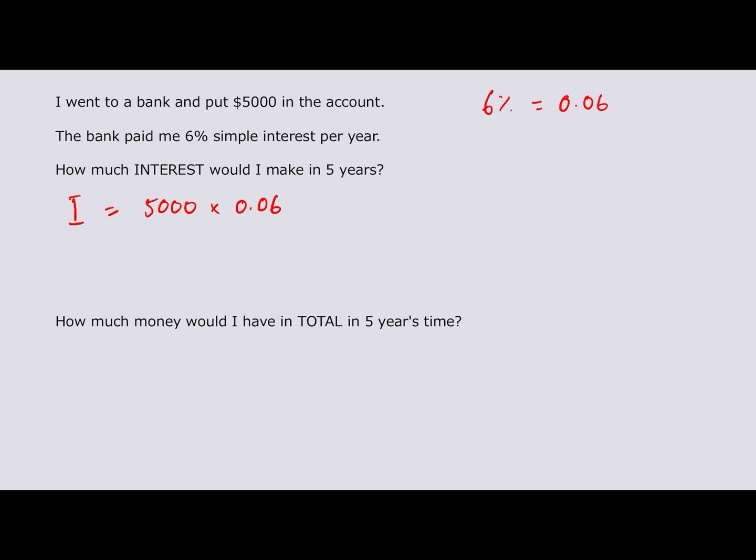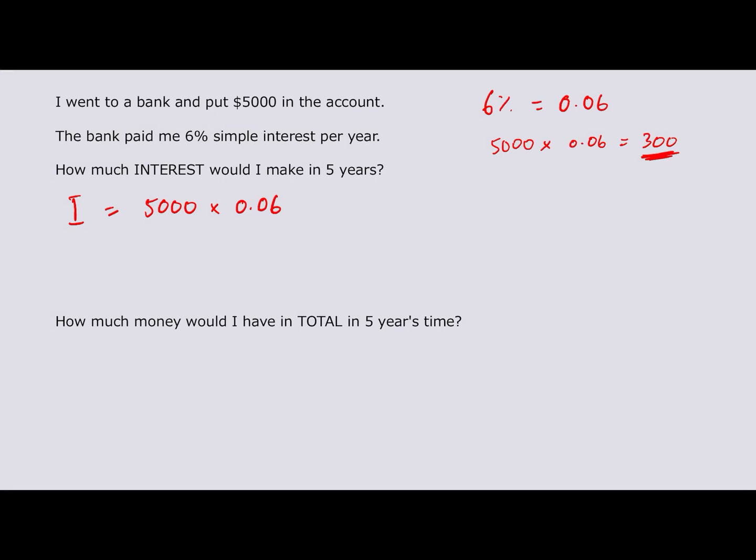Well, 6% is 0.06. So I'm going to do 5,000 times 0.06. I'm going to work that out on my calculator, and that's equal to 300.